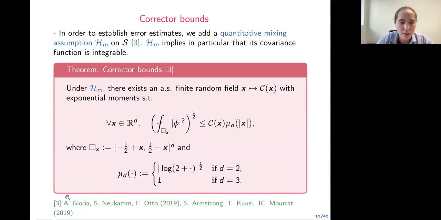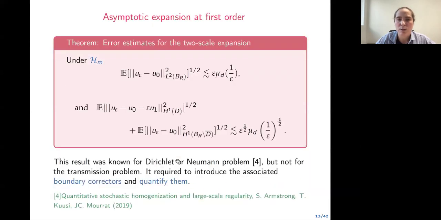So we can rely on this work from 2019. If you take the average of the corrector over a domain of size 1 around x, for each x, you can bound this by either one or the square root of the log, depending on your dimension.